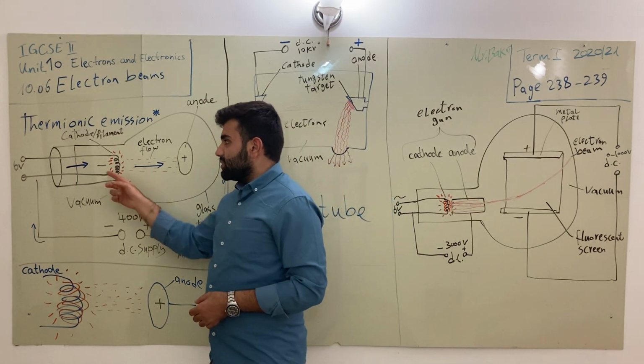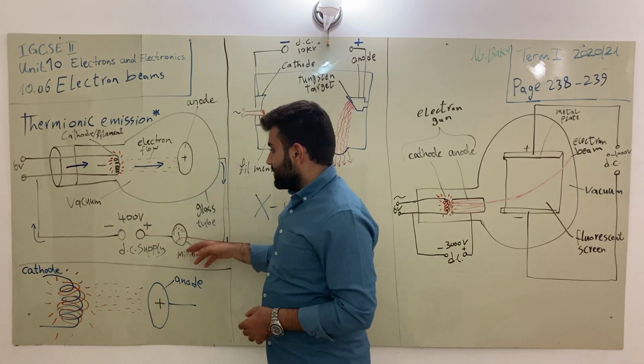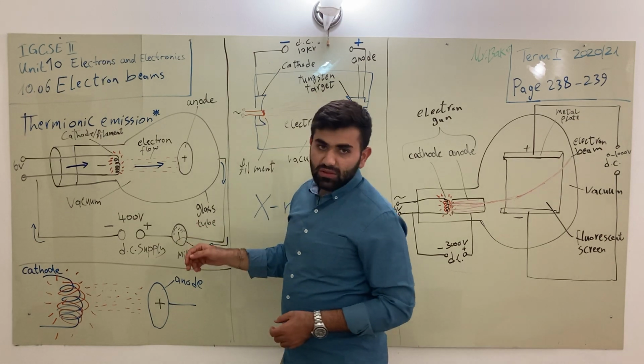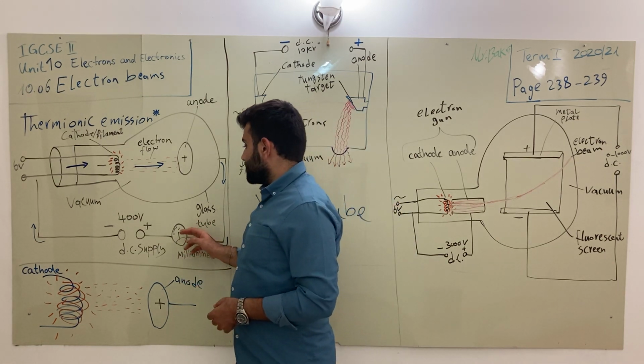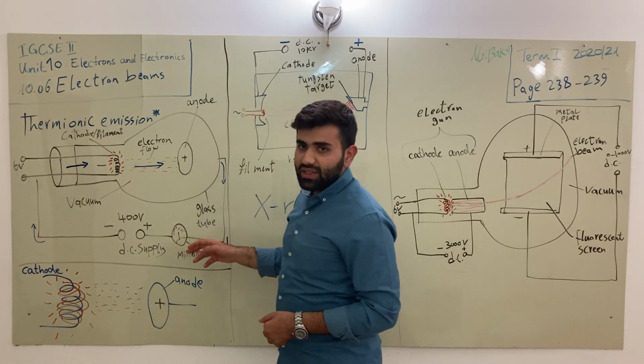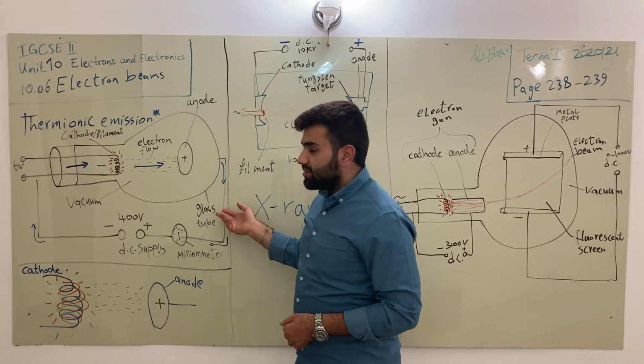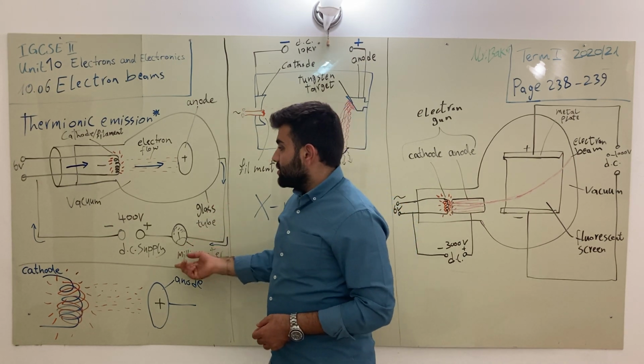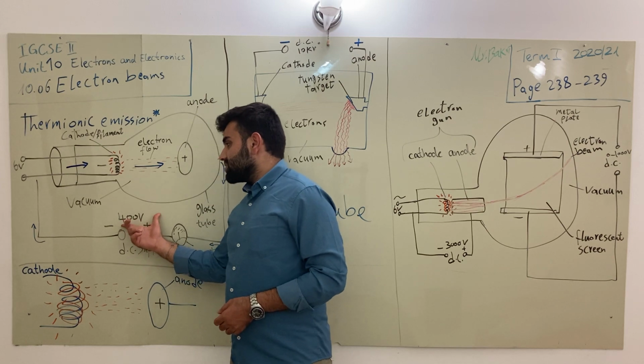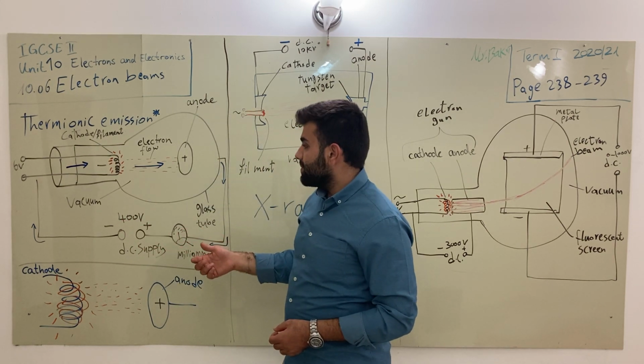First, without applying the voltage, we see on the milliammeter that we don't see any current. So we apply here a very high voltage, 400 volts.